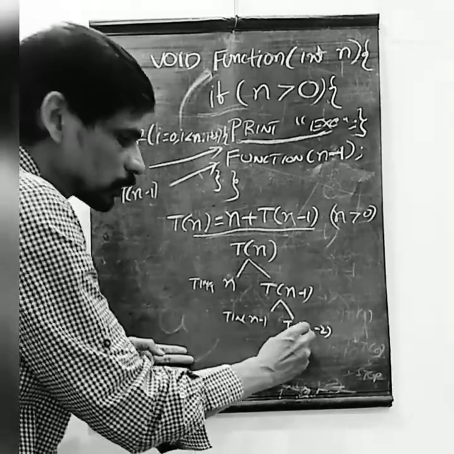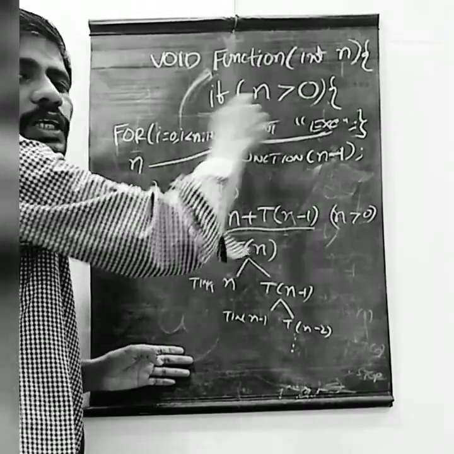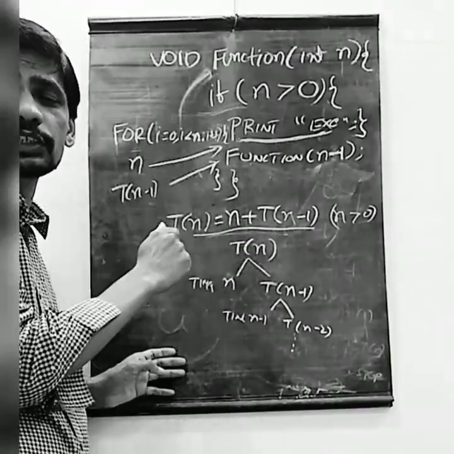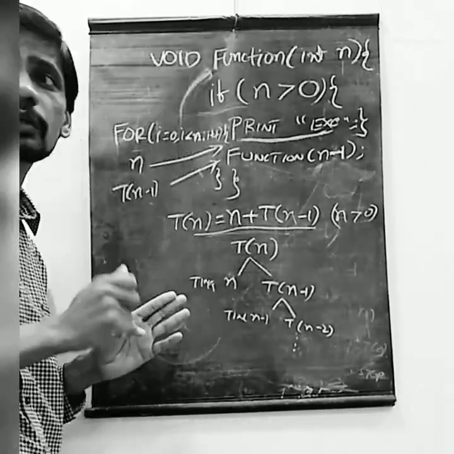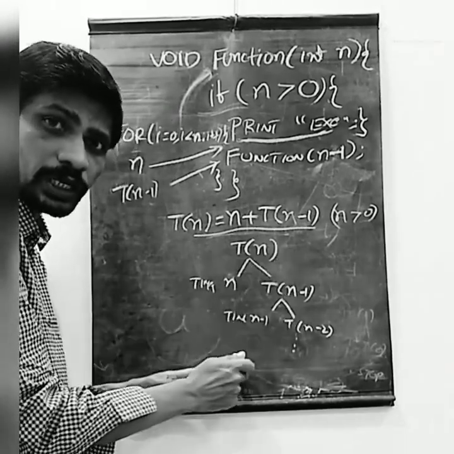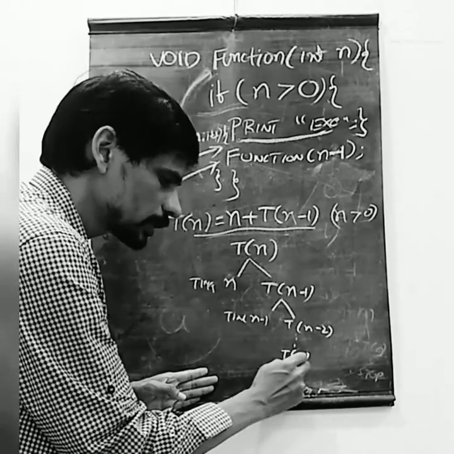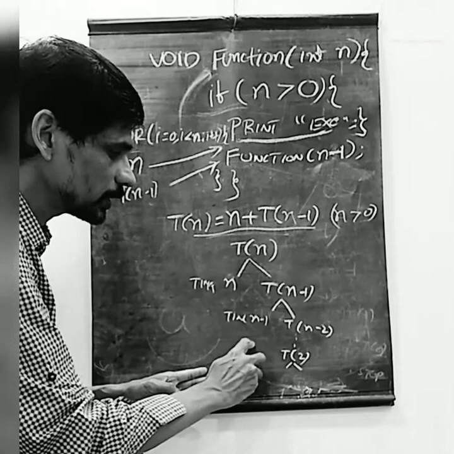In this case also, how many times do we need to repeat? Until this condition is satisfied, when my n becomes 0, when my input parameter becomes 0. So I need to repeat this pattern, repeat this tree. For example, t of 2. That means how many times will I print?